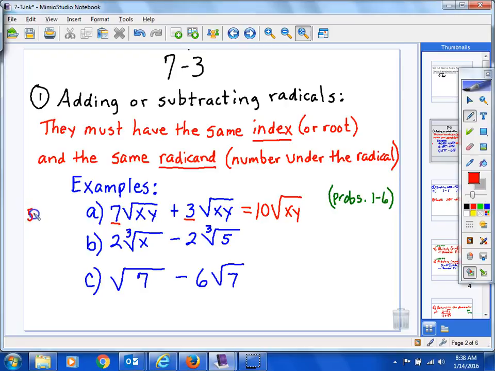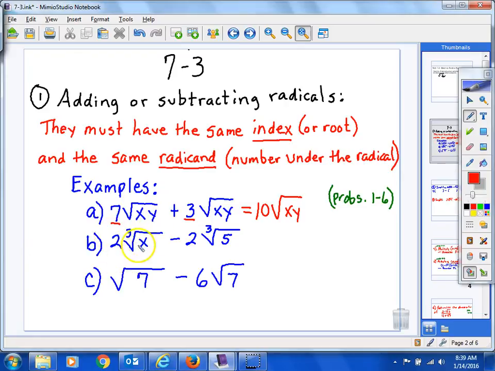For example, like terms 5y plus 7y. Back in Algebra 1, you learned that would just be 12y. You only did the operation on the coefficients, and the variable y just remained as part of your answer. Adding and subtracting radicals is really the same idea.